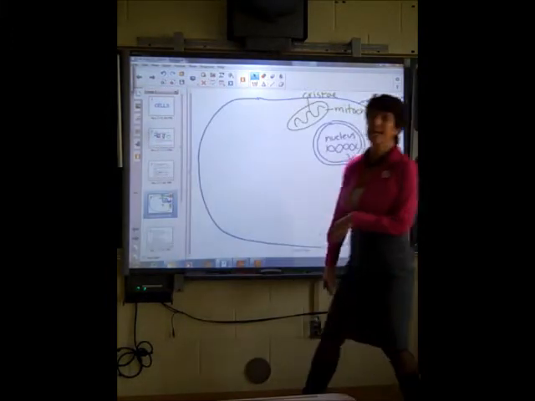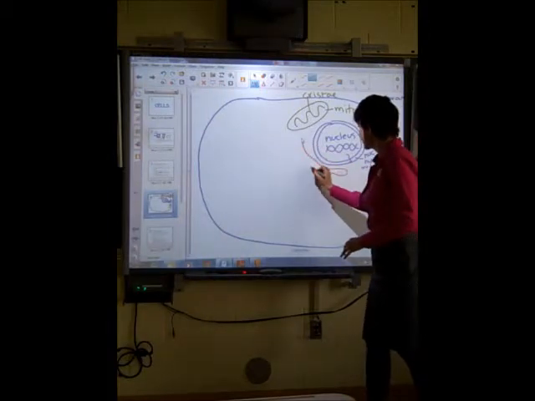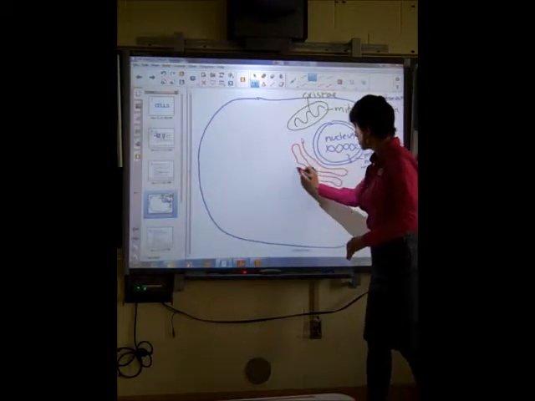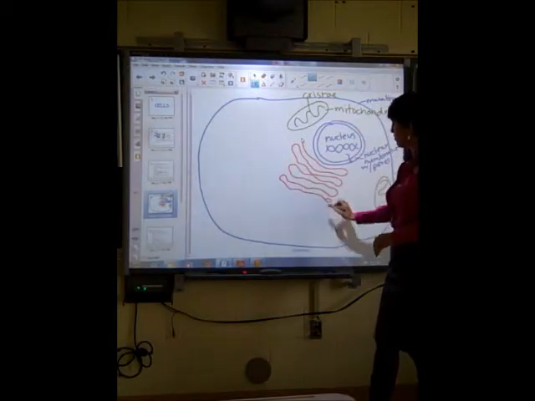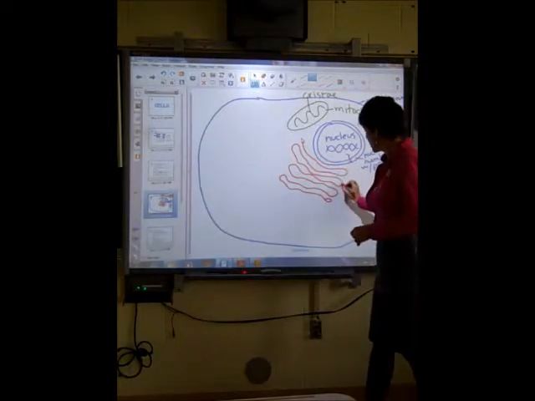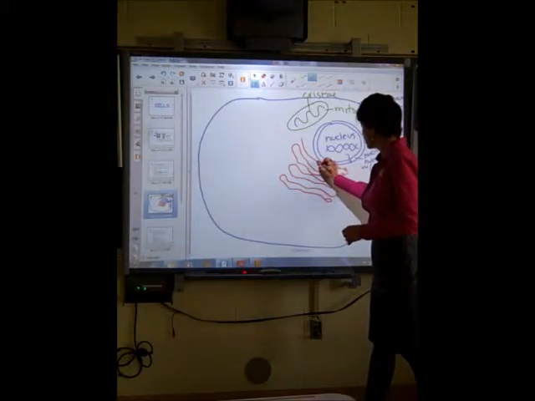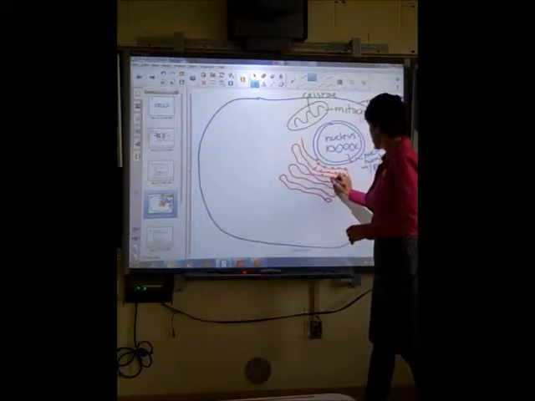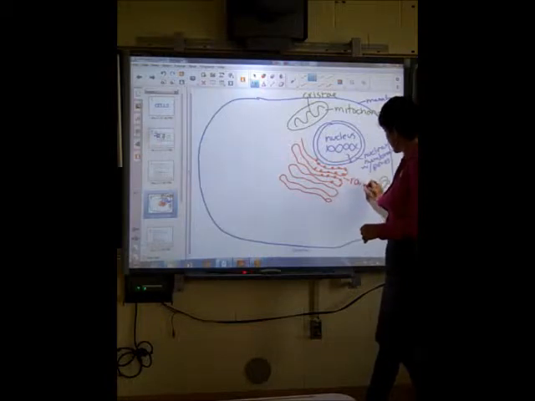So let's go back to our diagram here. What we want to do is just draw a nice system of tubes coming out from the nucleus here. So this will be my ER. I'm going to put some ribosomes on a section of this ER, and I'm going to label this rough ER.